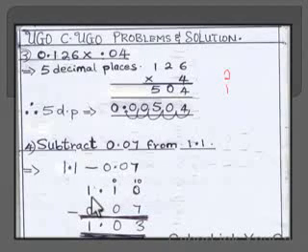I write down 1.1. Now the next one, I come here, I write down 0.07. Whenever you are dealing with decimals, please, whether you are adding or subtracting, the decimal points must be maintained in line. Don't just put them anyhow you want. You must be in line with the first decimal point, so that when we get the answer, it is correct.